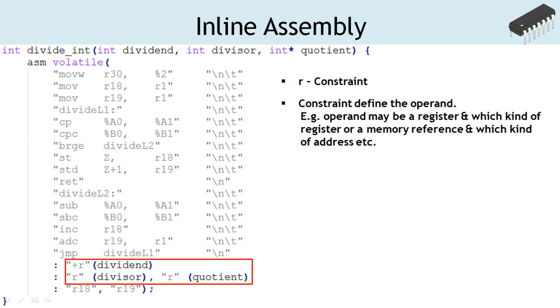The divisor and quotient are input operands and are read-only, hence no modifier. The assembler describes the constraints to be used with operands for each assembly instruction, and it must be used carefully. The C compiler checks the constraints used in the inline assembly at compile time.